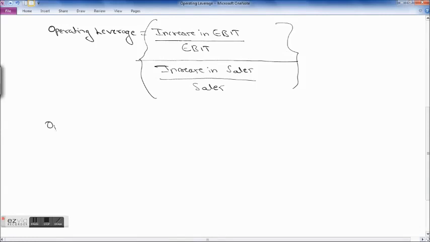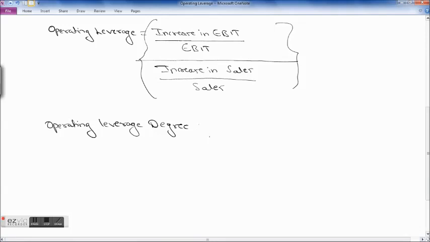Now there is something known as degree of operating leverage. Degree of operating leverage is the change at any level of sales. It is the ratio of contribution upon EBIT. But it will be different at different levels of your sales.